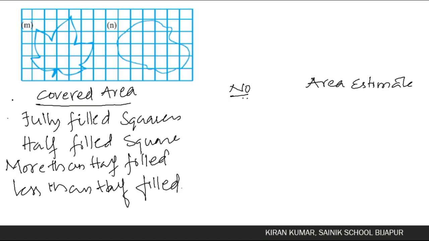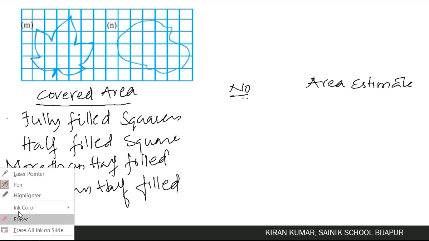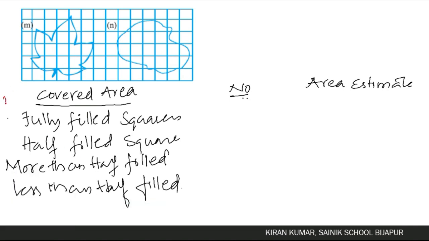Let me take up M, change the color. I'll take M. How many squares are fully filled? Count it properly. 1, 2, 3, 4, 5.